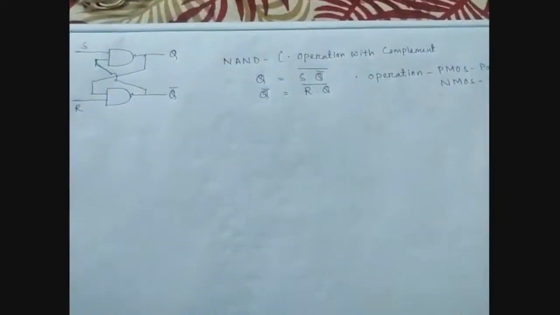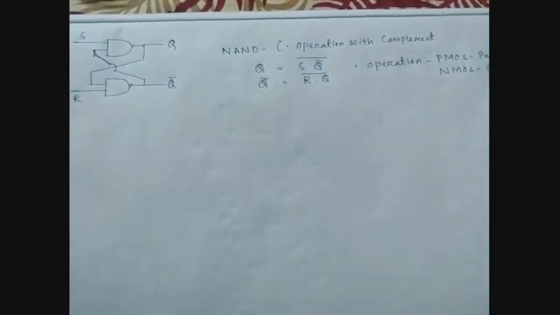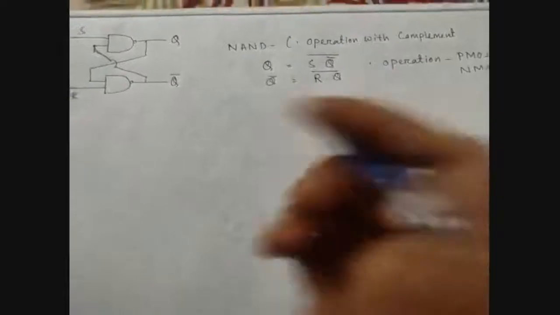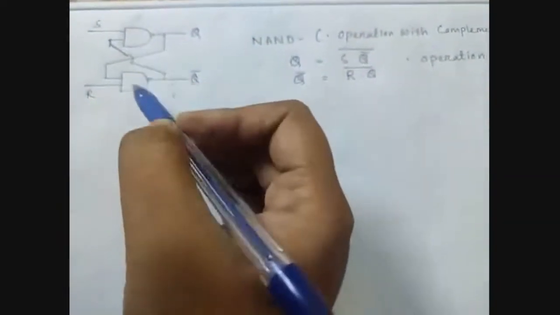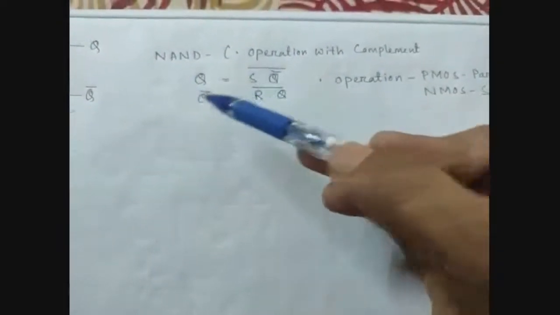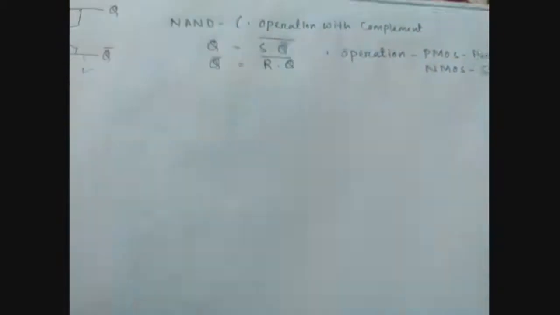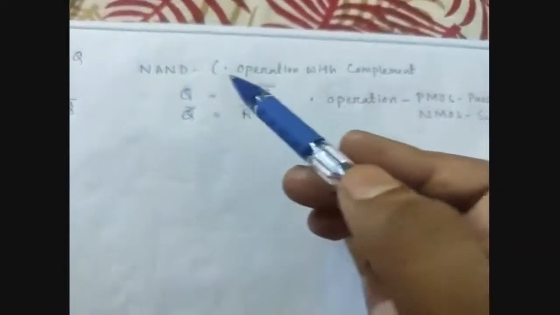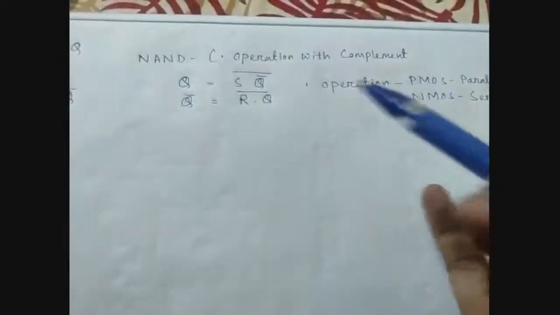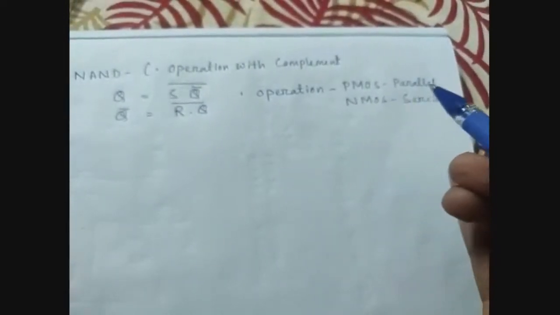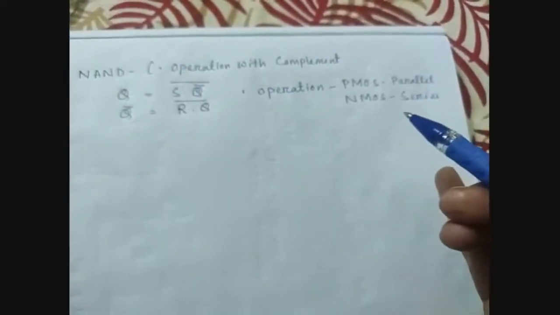So let's draw the diagram of SR latch using NAND gate. Now we draw using CMOS logic. This diagram consists of two NAND gates, and here are the two equations. These equations are drawn using CMOS. As this is a NAND gate, it is the dot operation with complement. For the dot operation, PMOS is connected in parallel and NMOS in series.